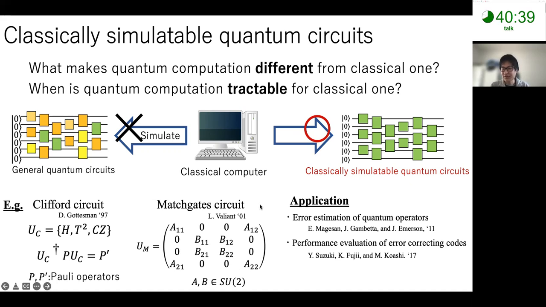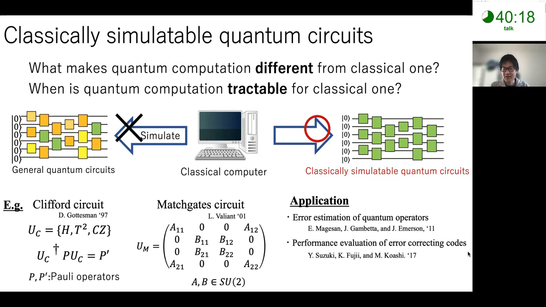And they are interesting not only fundamentally, but they also have applications, for example, in error estimation of quantum operators, which is very important for the realization of quantum computers.